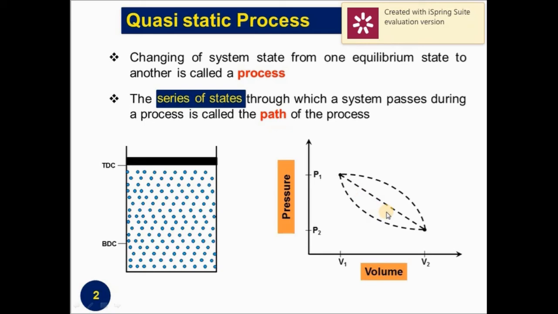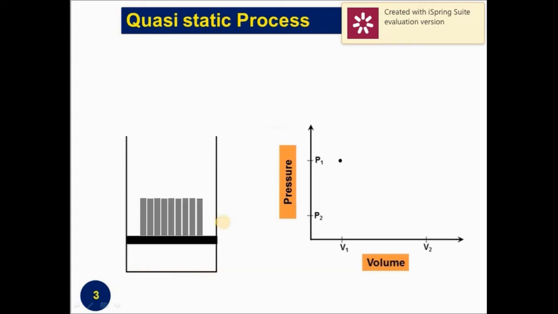For the path, the system must pass through a series of equilibrium states. When we remove this weight W, the piston moves upward very quickly and the system loses its equilibrium. If we divide this weight W into n number of small weights and remove these weights one by one, so that properties in one part of the system do not change any faster than those at other parts, then we can find the path for the process.